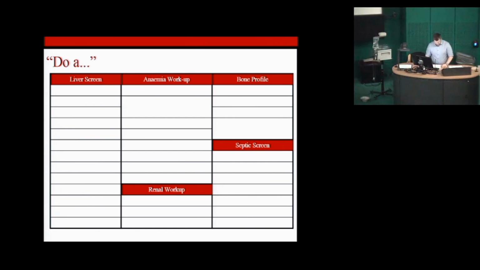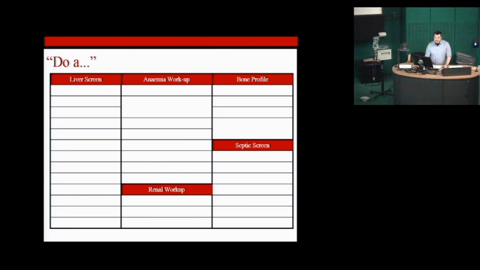LFTs, good start. So albumin, yeah, clotting, someone said. So yeah, a hepatitis screen, looking for viral hepatitis. You can also do an autoimmune screen in that as well. Ferritin. Any more weird and wonderful ones?